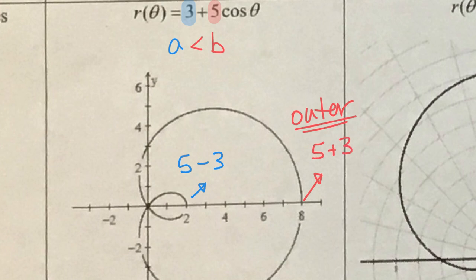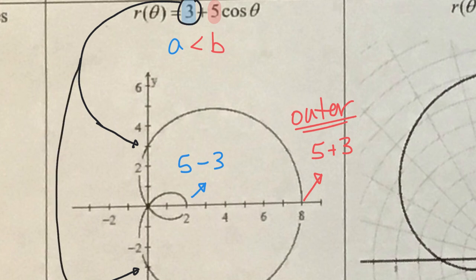And there's one other thing that I need you to take notice of, and that is, where is your graph crossing your other axis? And that's at this number. This is the place where your graph crosses the other axis or the other pole.